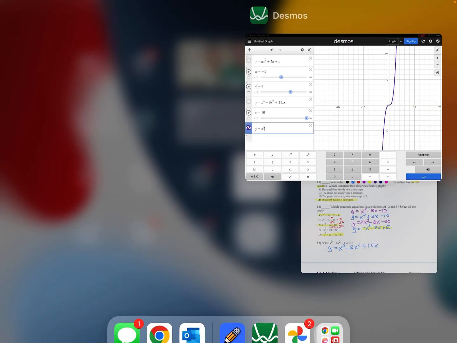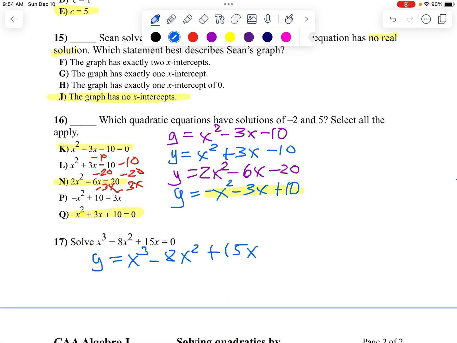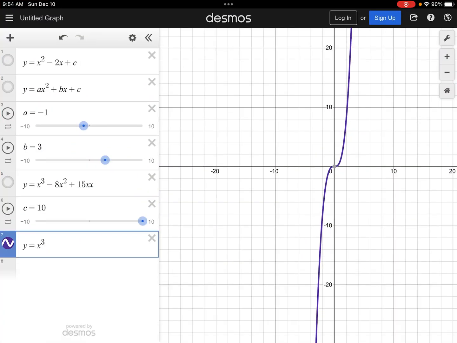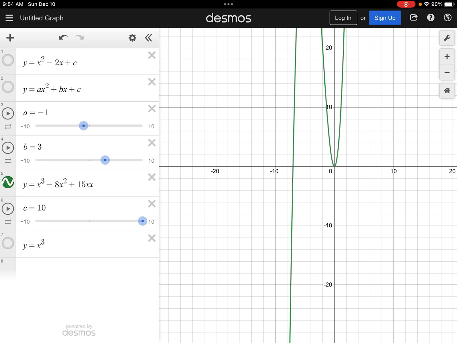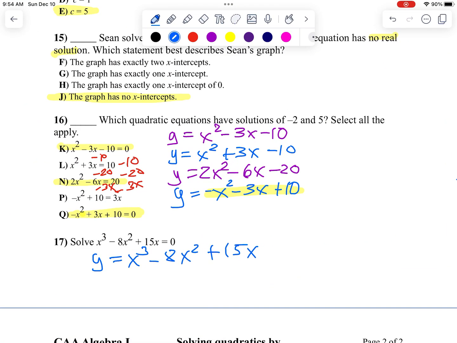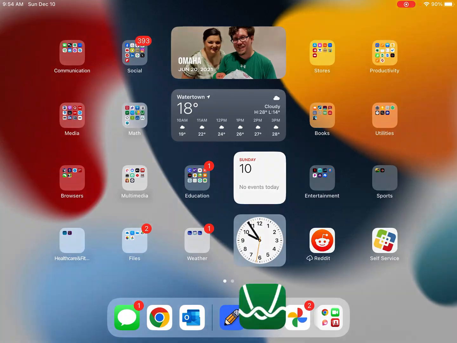And then it was minus 8x squared plus 15x. Oh, there it is. I just didn't see it. I put my C down too low. There it is. Then I got an extra x on there. Get rid of that. I want to make sure it was plus 15x because I've been messing up. Yeah, it was plus 15x.